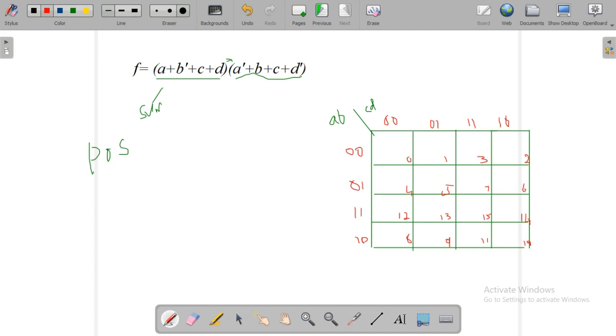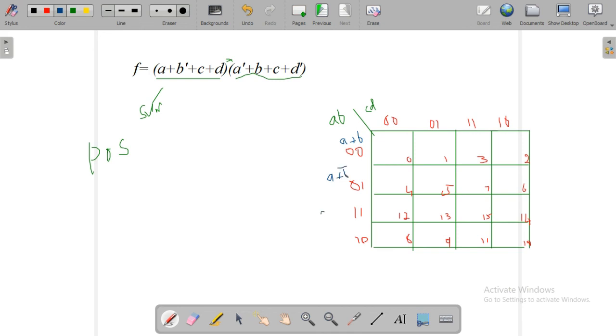And next we need to write the literals. So how do you have to write the literals here? Zeros means this is POS or max terms. That means 1 should be negated. Others we can write as A. It is POS, so it is a max term. So how do we write the sum of the literals? A plus B. Next one is A plus B dash because 1 is negated.